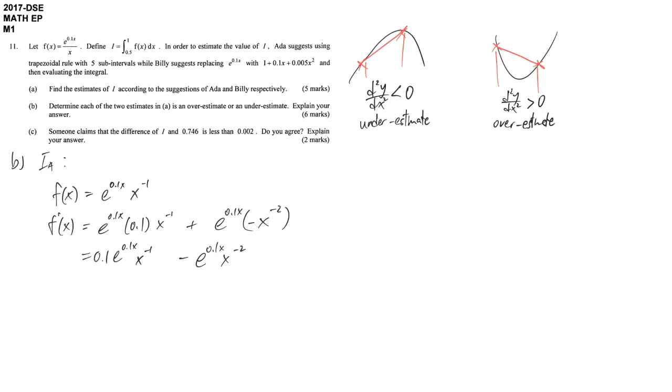And then we are going to differentiate the second time. The first one is exactly the same as our original function, so we just write down 0.1 and a bracket, then copy down exactly the same thing.